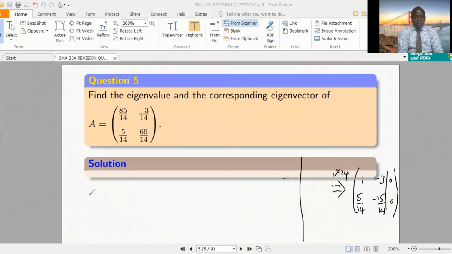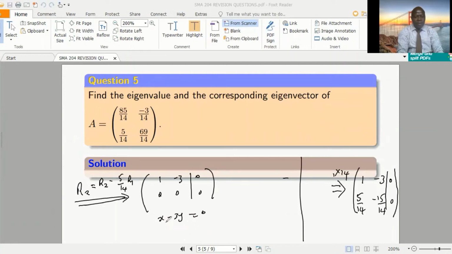Now, we want to get row 2. So we take the current row 2, and from it we subtract 5 out of 14 of row 1. So when that happens, this will be 1, negative 3, 0, and this will be 0, 0, 0. So what we now have is x minus 3y is 0.